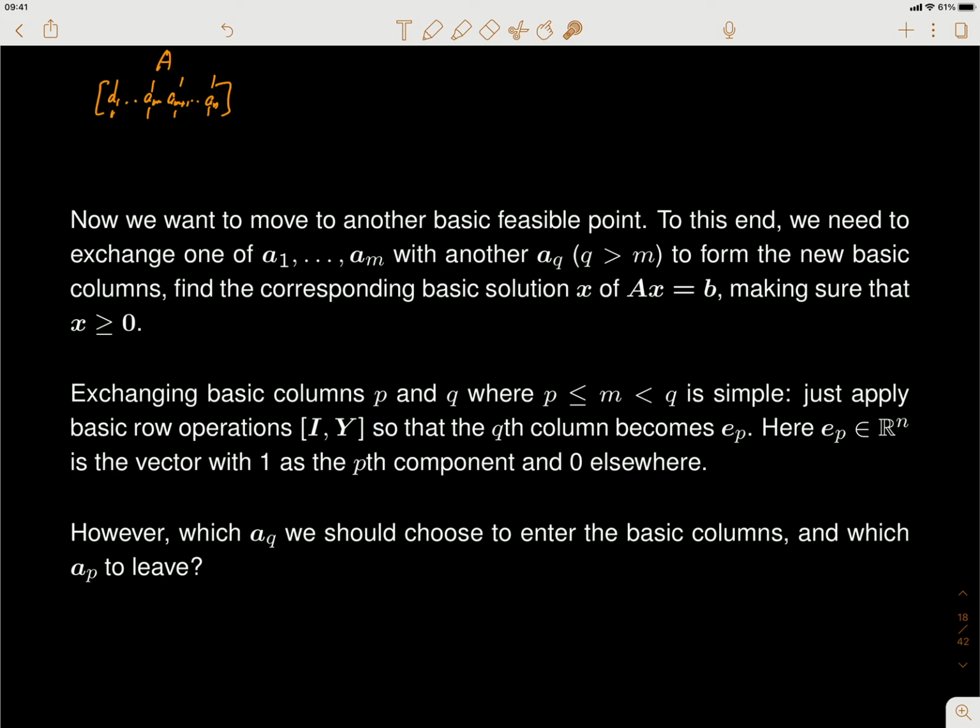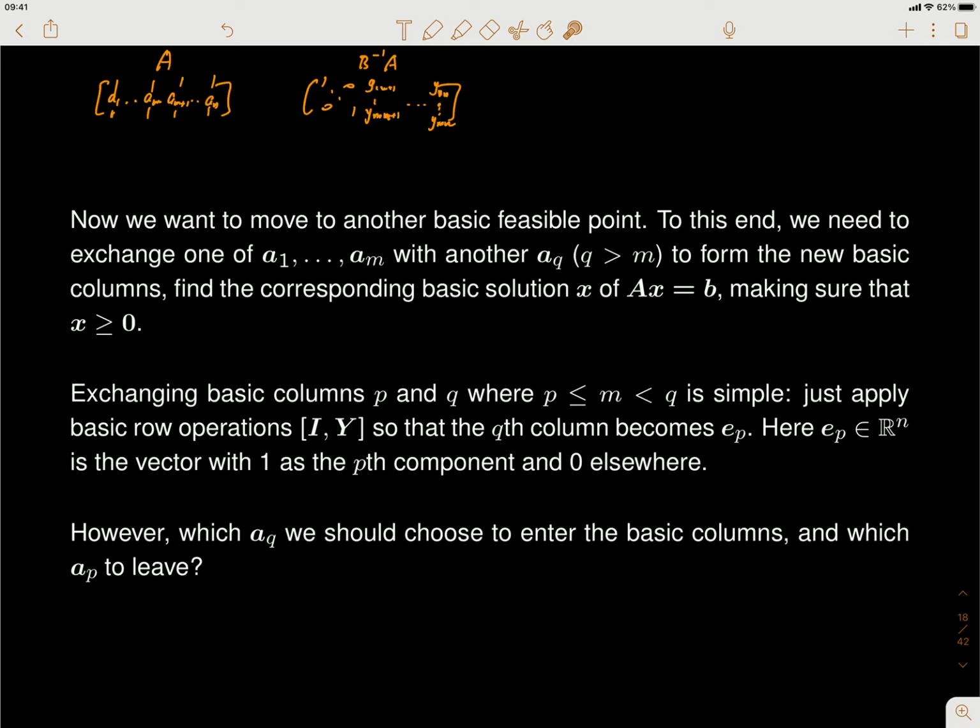We will change one of these columns in this identity. Remember that currently this A is already multiplied by the B inverse. The B inverse times A will already have 1s here, and then we'll have y1,m+1 all the way to ym,m+1, to the last one, which is y1n, and then ymn.